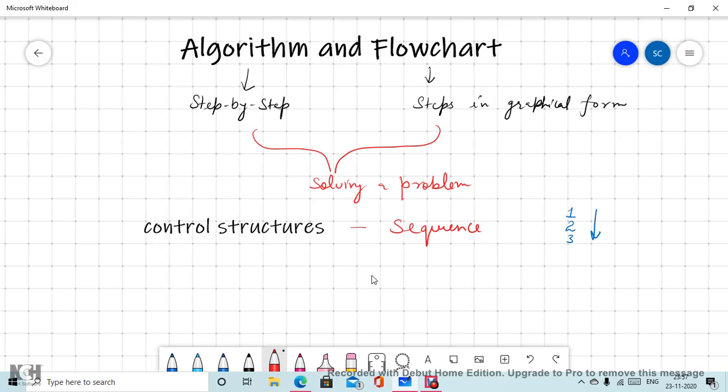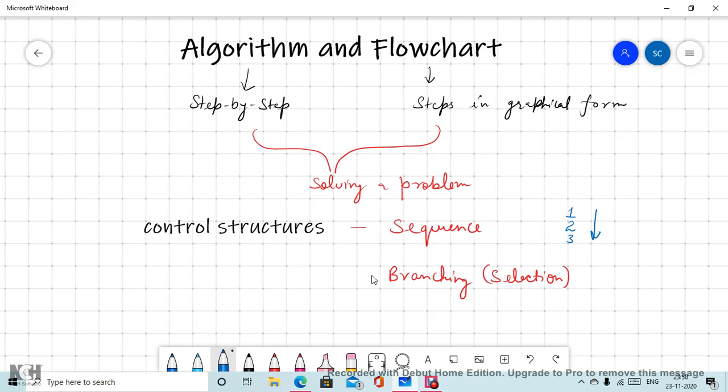The second control structure which algorithm and flowchart include is called branching. Sometimes you can also find this branching with the name of selection. Okay.